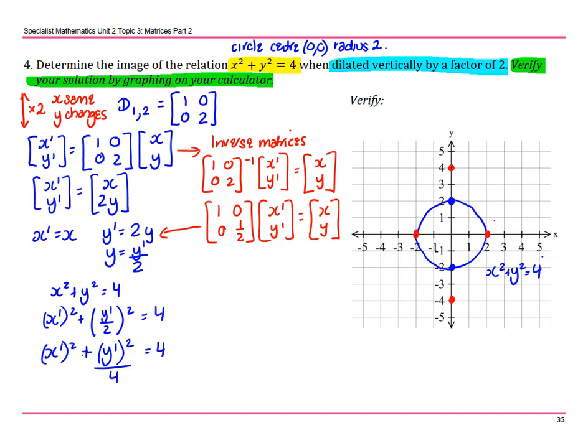And again, you could have figured that out using your knowledge of dilations and realizing that it's your y value multiplying by 2 and your x value staying the same. So this 0,2 is becoming 0,4. Label that equation.